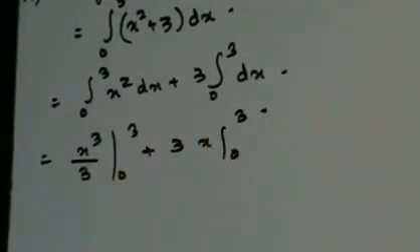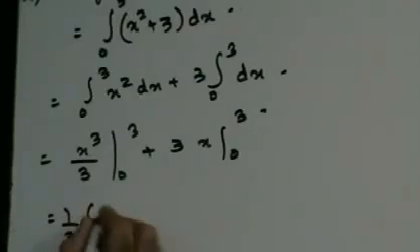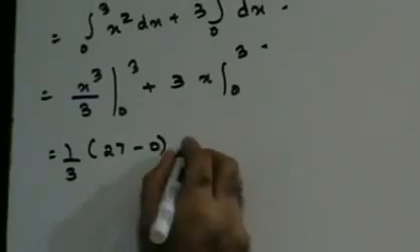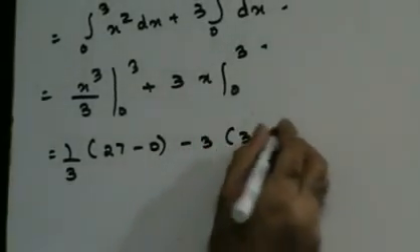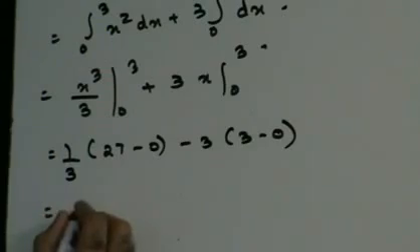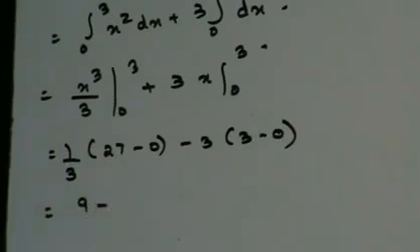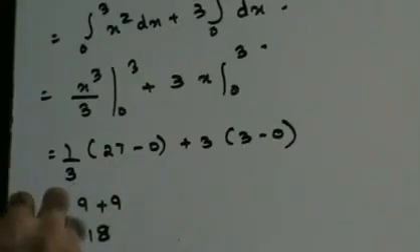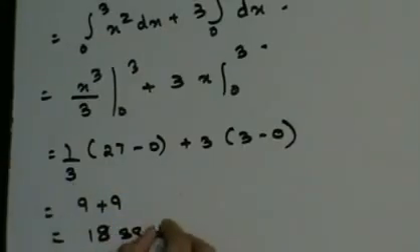Integral of dx is x from 0 to 3. This is 1 upon 3, 27 minus 0, upper limit minus lower limit, minus 3, 3 minus 0, upper limit minus lower limit. This is 9 plus 9, so that is 18 square units, right? That's how you get the area of a curved figure.